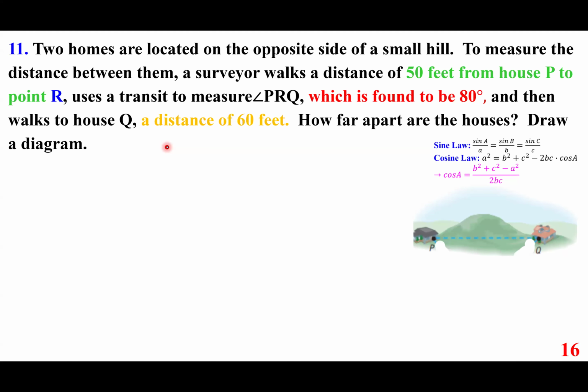We should have this one, everybody. Okay. So this is given. We have two houses on the opposite side of a small hill. This angle. This is 50 feet.